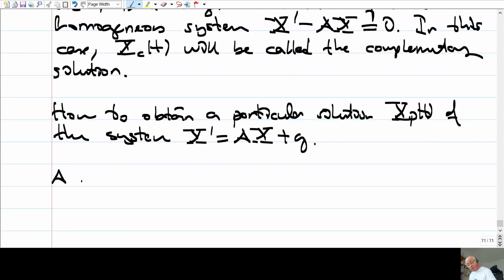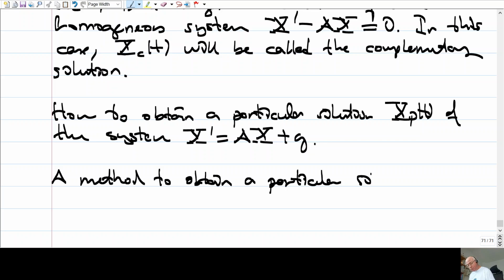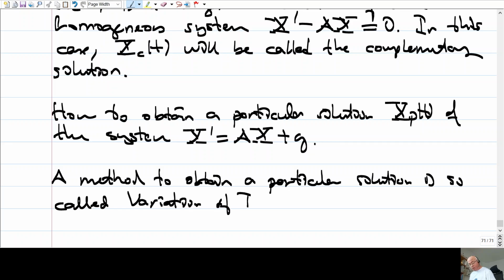A method to obtain a particular solution is the so-called variation of parameters. Okay, now let me explain what this is.